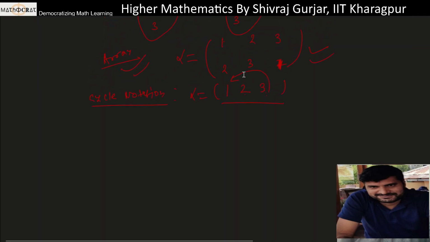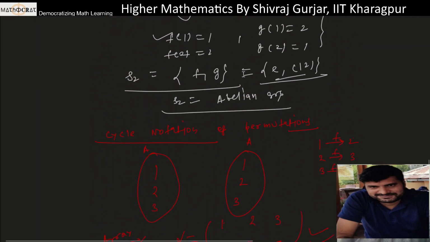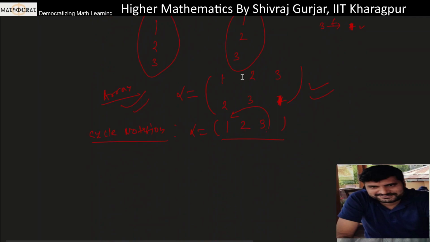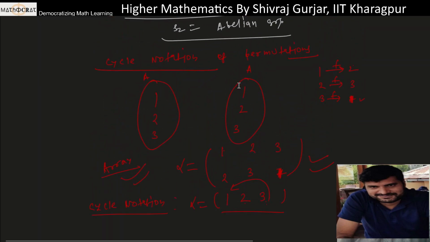Besides the order of an element, one more thing we saw is that the order of the group Sn, the symmetric group, is n factorial. In case there are only 3 elements, S3 will have order 3 factorial, S4 will have order 4 factorial, and so on. One more thing, these permutation groups have a lot of subgroups.